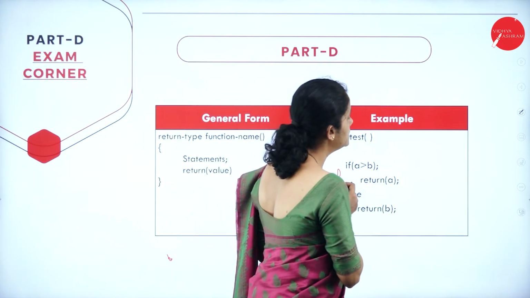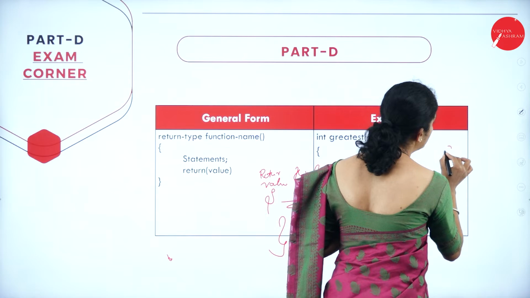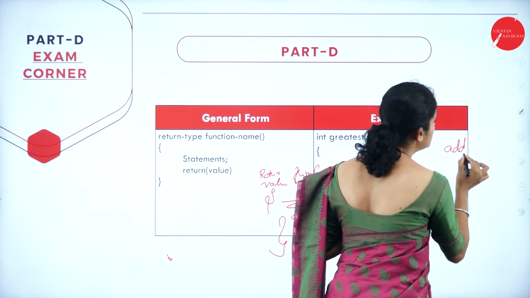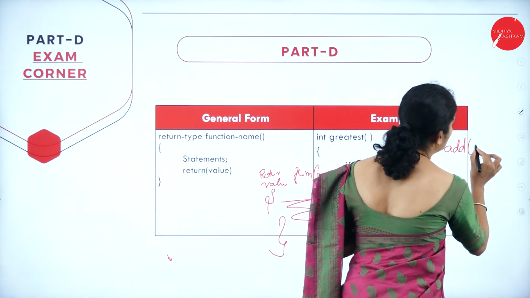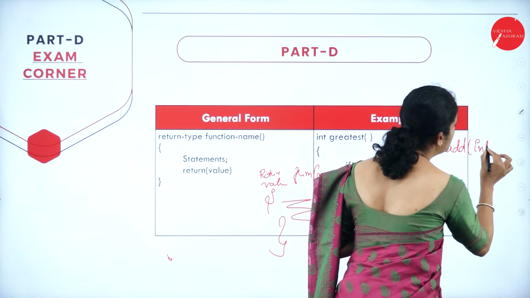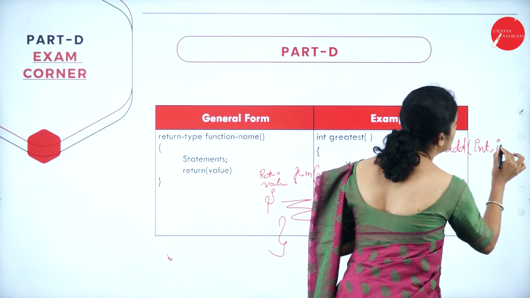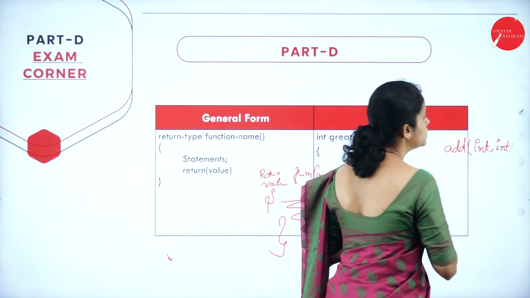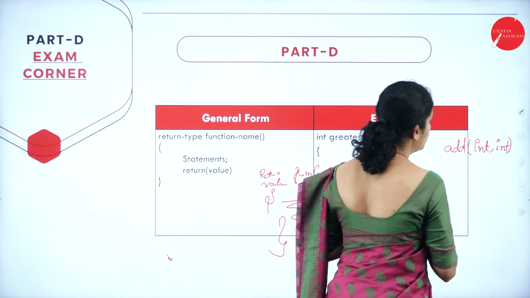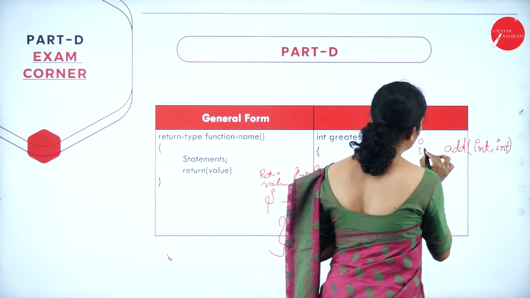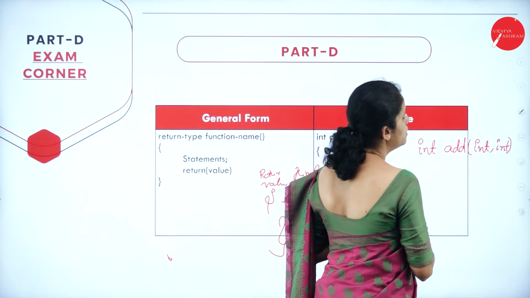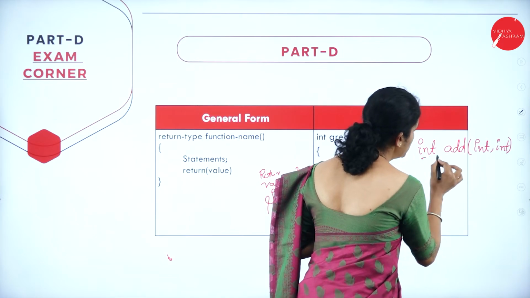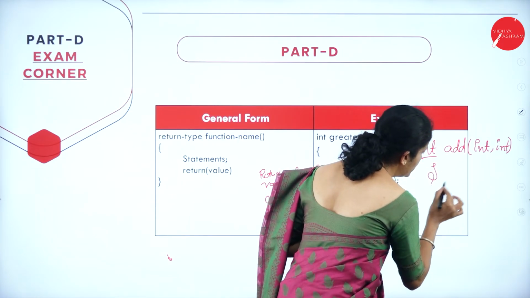Now, if I consider the example here, think that my function name is add, and I'm going to receive 2 arguments, and it is going to return a value. And what's the type of value? It is integer.